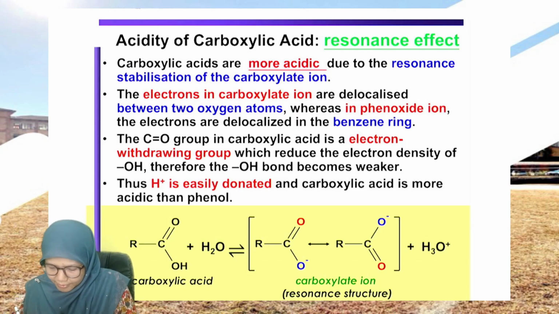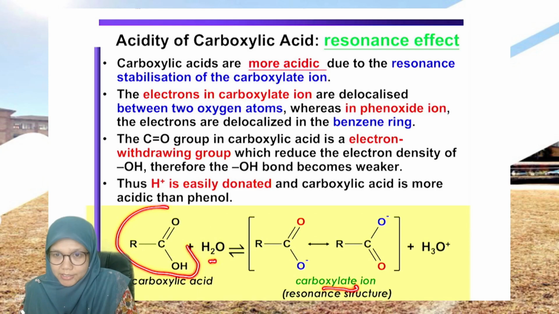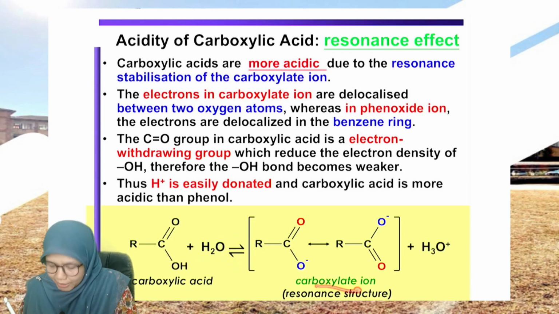Carboxylate ion ini terhasil apabila carboxylic acid dissociate in water. Disebabkan carboxylic acid ini termasuk dalam golongan weak acid, dia akan hanya partially dissociate sahaja in water, and will produce carboxylate ion. Tetapi carboxylate ion yang terhasil ini stable.